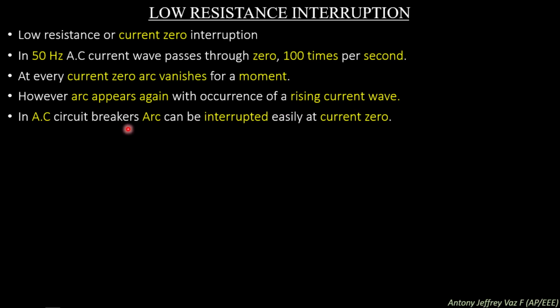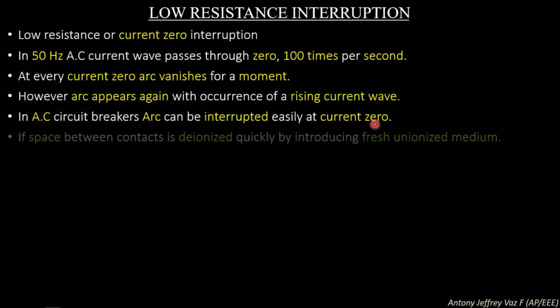In AC circuit breakers, the current is easily interrupted only at current zero position. This can be done if the space between contacts is deionized quickly by introducing fresh unionized medium.